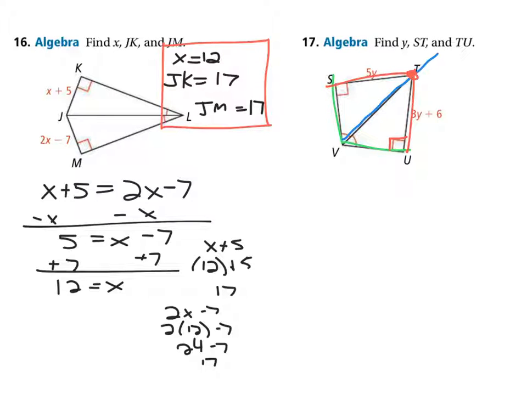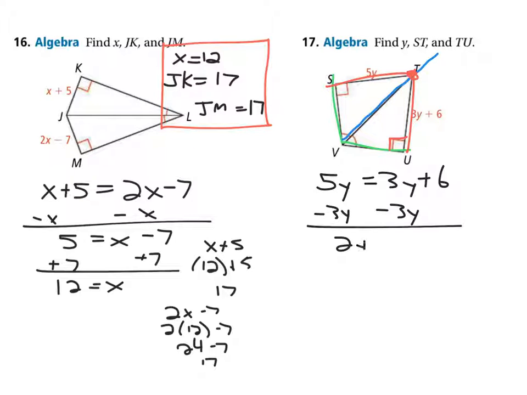Well, we know then that 5y is going to be equal to 3y plus 6. And when we solve this out, we find that y is equal to 3.